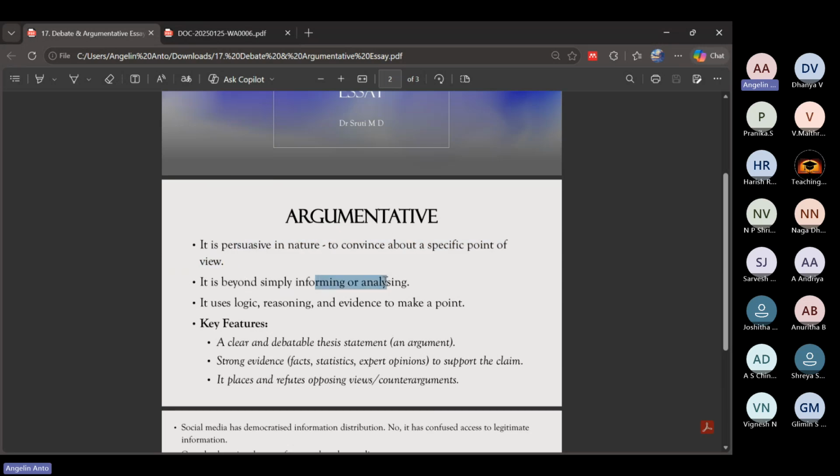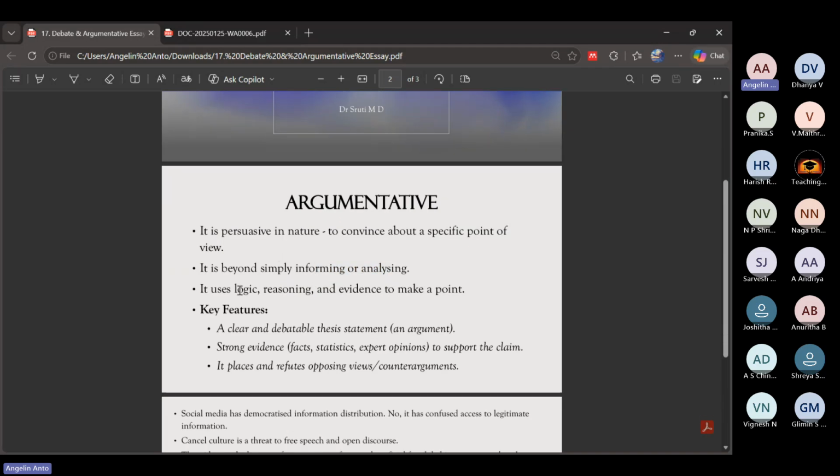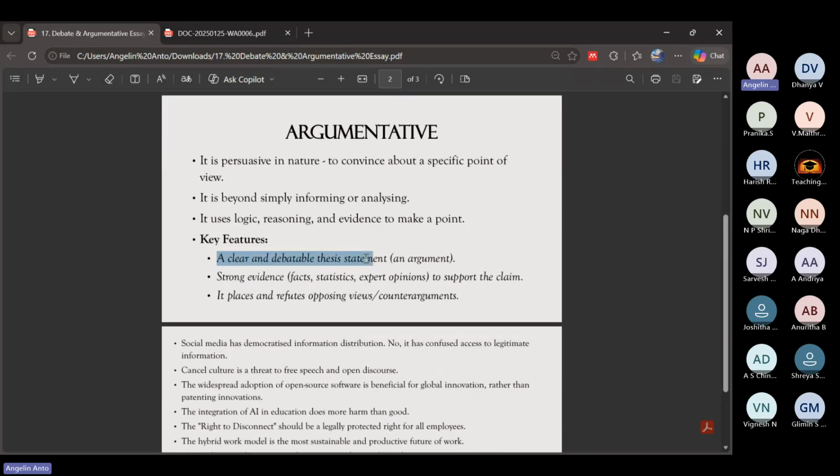So you would see the situation, right? And then you should convince them. So you should use logic, reasoning, and so on. You understand how a debate works. So make a clear and debatable thesis statement. This simply means your introductory para to talk about what position you are supporting. This is generally the form of a debate.